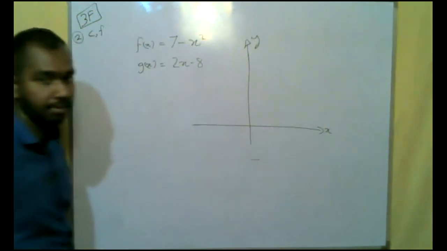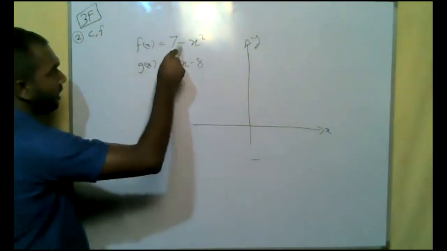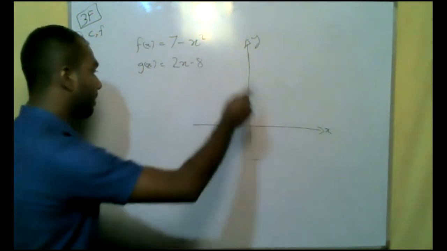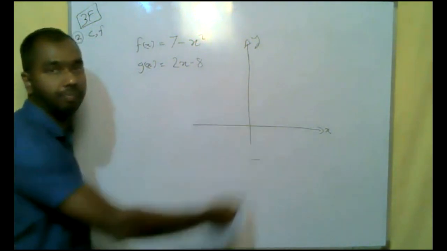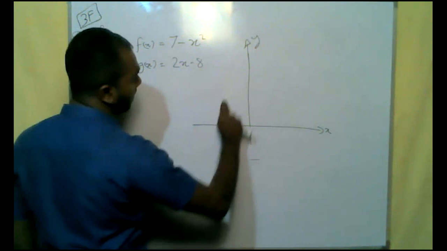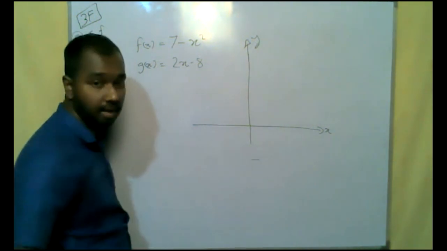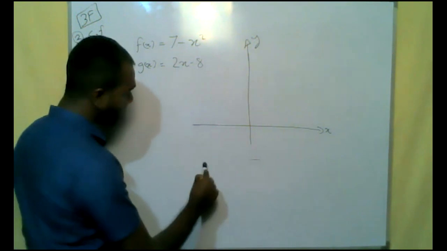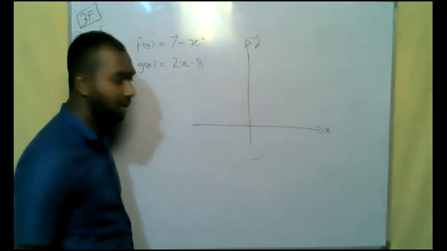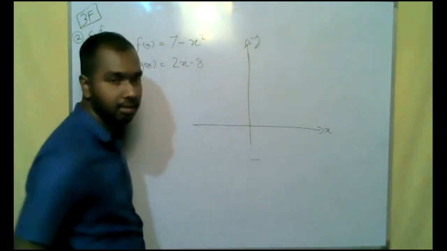How will our graphs be? See, the coefficient is negative, so this has a maximum shape. And what will be the point of intersection? It is plus 7. So if it was just y equals minus x squared, what will happen? The graph will be like this, going through the origin.